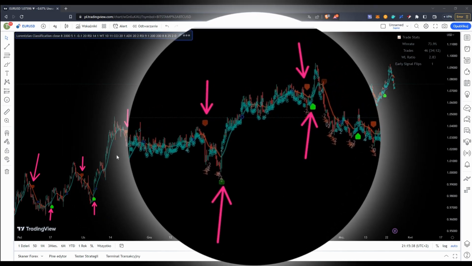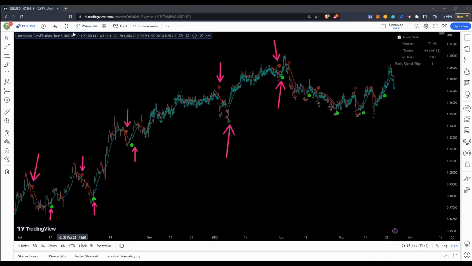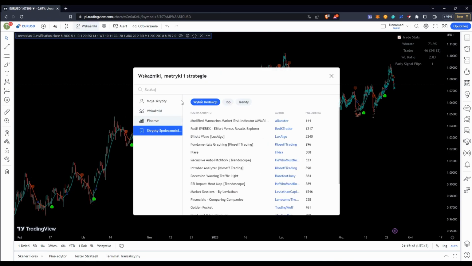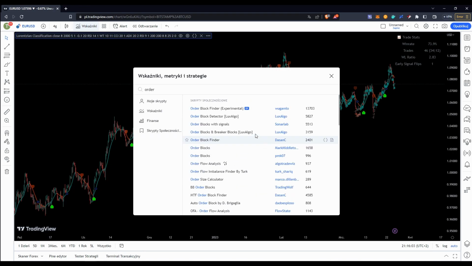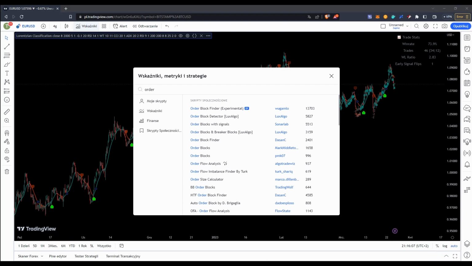And I'm going to share with you another indicator you can find on TradingView, right? Again, based on the community, and it is the Order Block by Sonar Lab, all right? This one, this particular one over here.